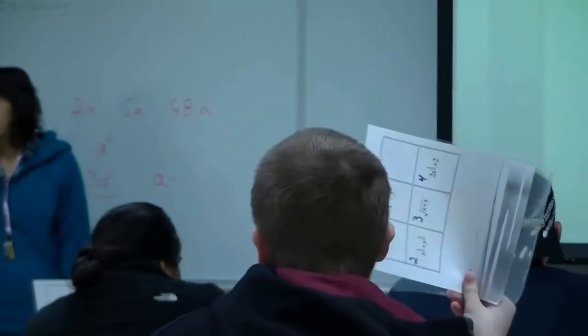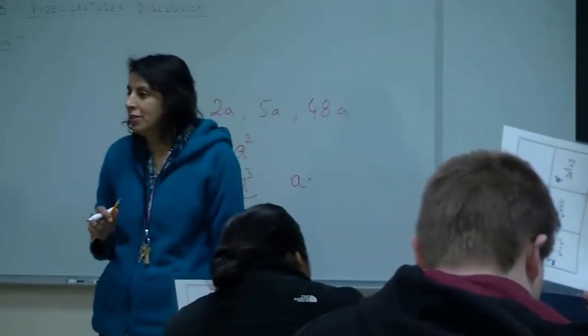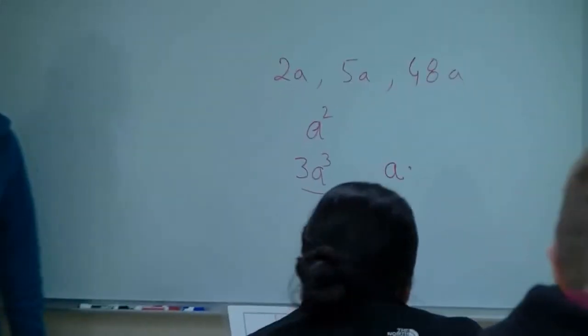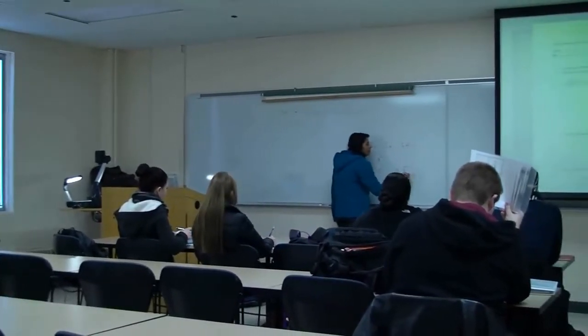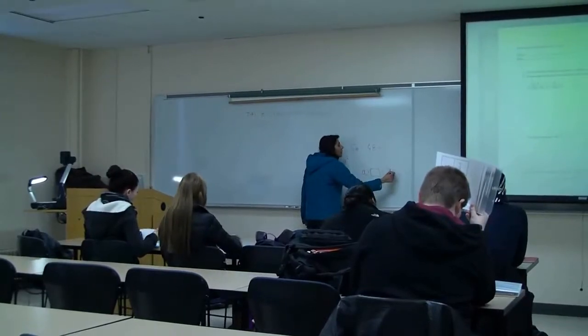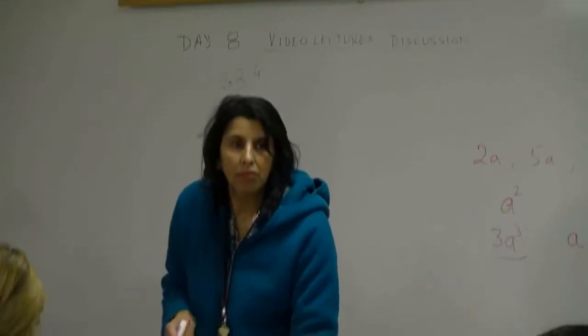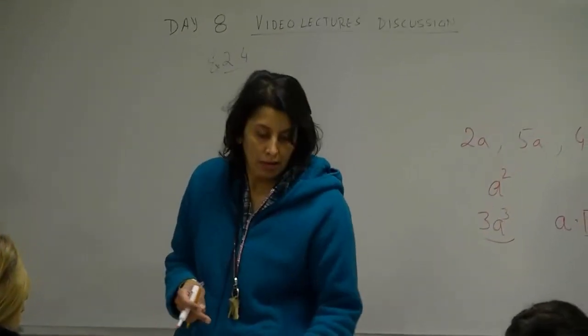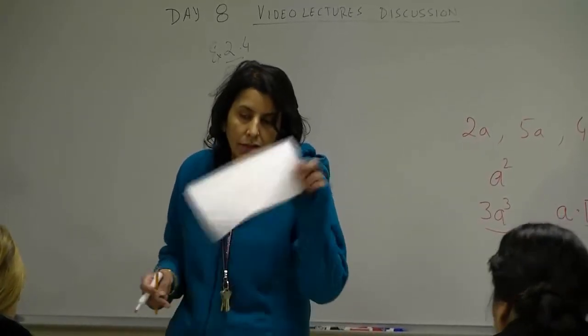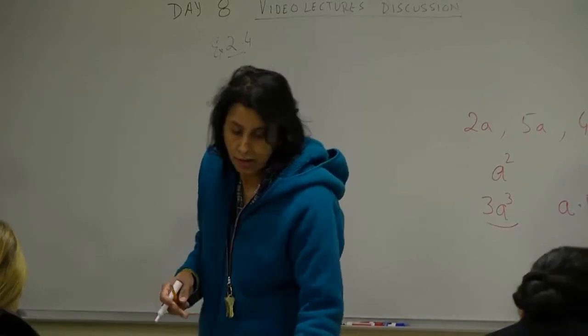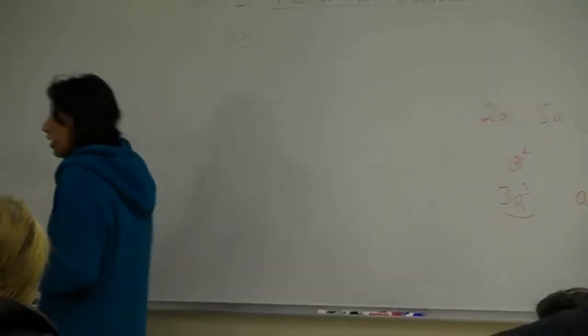Let's see what you have. Okay. What should you multiply A by so that you end up getting 3A cubed? So everybody should have a laminated sheet and a marker to write on, and an attendance quiz.